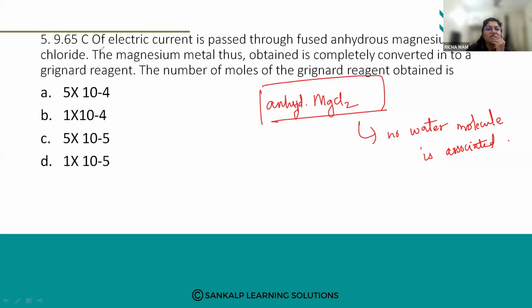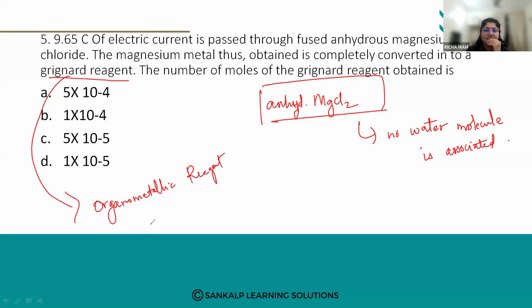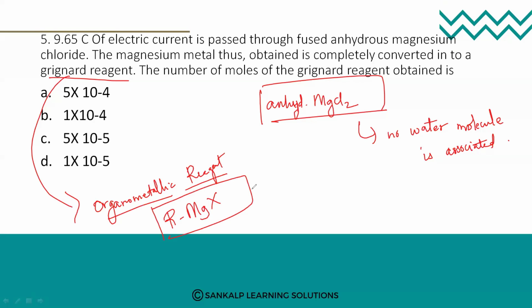So 9.65 coulombs of electric current is passed through fused anhydrous magnesium chloride. The magnesium metal thus obtained is completely converted into a Grignard reagent. Now, what is a Grignard reagent? A Grignard reagent is an organometallic reagent, represented as RMgX. I hope you remember these; we have discussed all of this in our organic chemistry chapters.